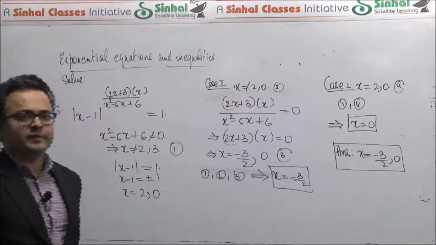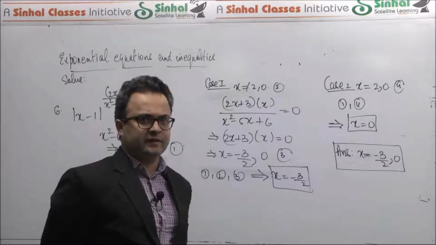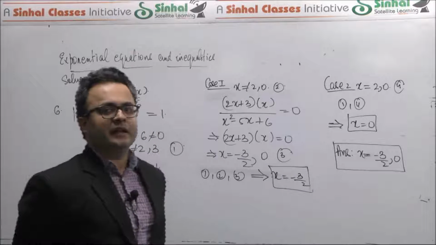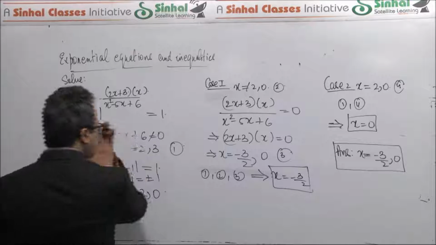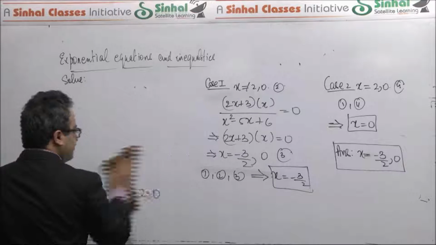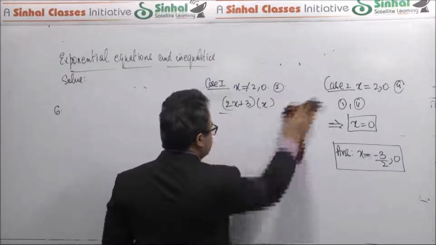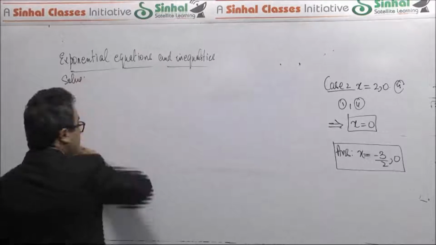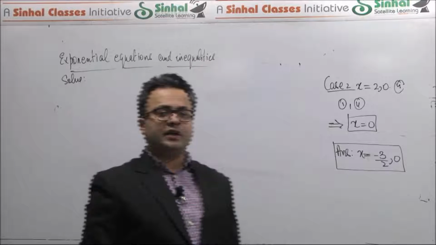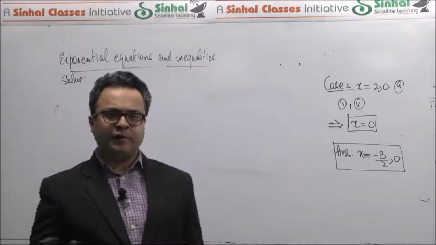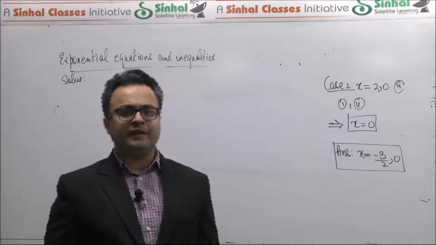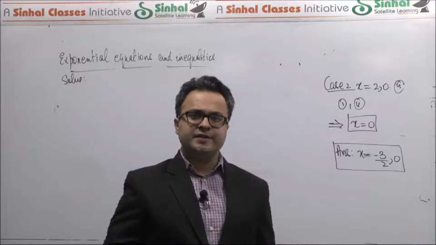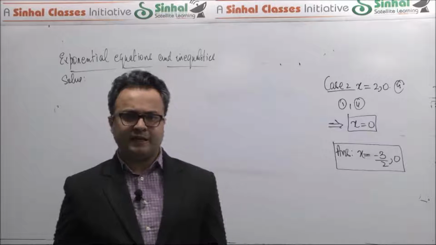One last thing that I just want to mention in solving exponential equations is something that you want to take care of: a 0 raised to 0 form. Whenever you encounter a 0 raised to 0 form, from the point of view of solving equations or inequalities, that will always be taken as an undefined operation. 0 raised to 0 is not to be taken as 1.